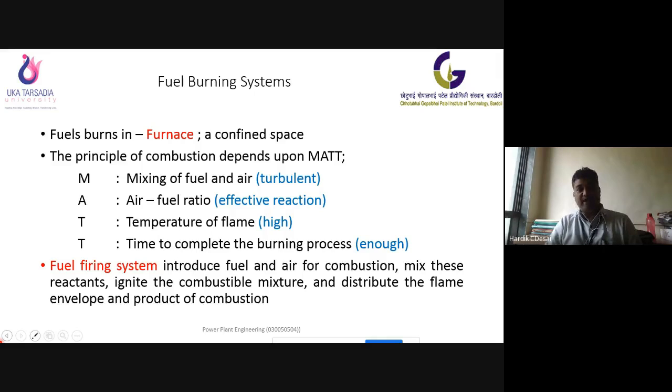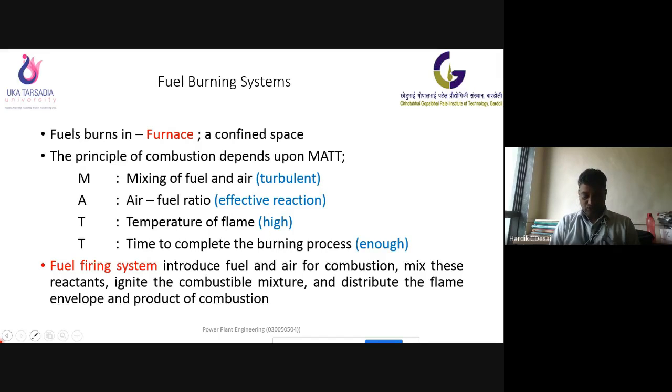This is called MATT, and this M means the mixing of air and fuel. We will ensure that this mixing of air and fuel will be proper and turbulent in nature, so that the maximum area is exposed to the heat transfer process. The second one is the air and fuel ratio.